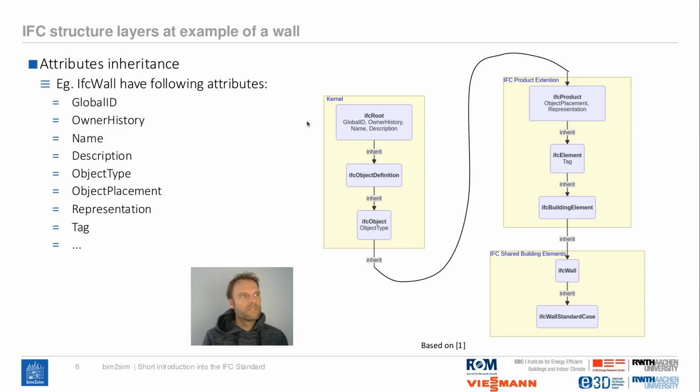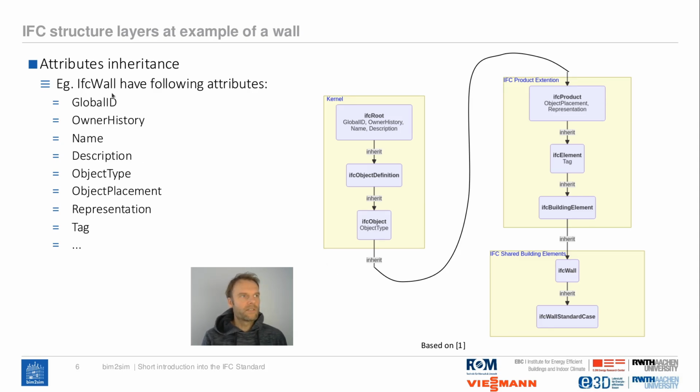For example, here you see some of the attributes of every object, and you see the wall has inherited all these attributes. So that means the wall has a global ID, an owner history, name, description.